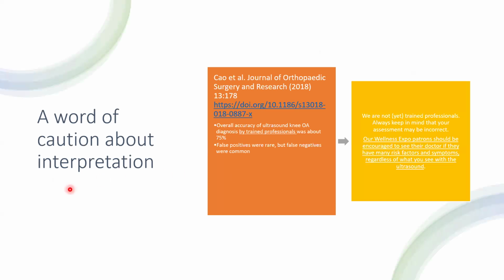A word of caution, and this comes directly from the same Cow et al. article I referenced earlier. There'll be a link to where to find that in the description of the video as well. The overall accuracy of ultrasound for diagnosing knee OA by trained professionals was about 75%.